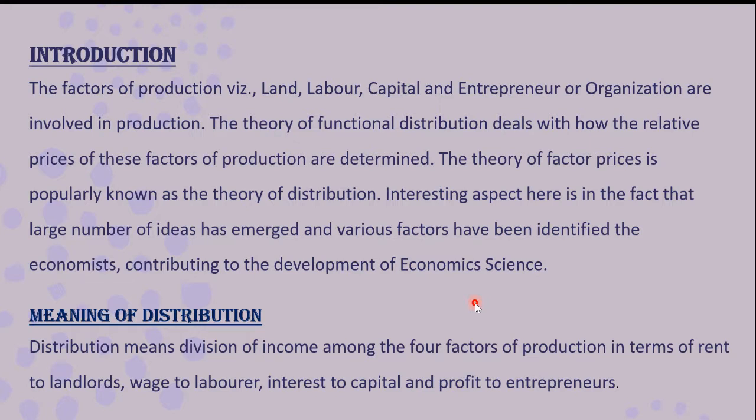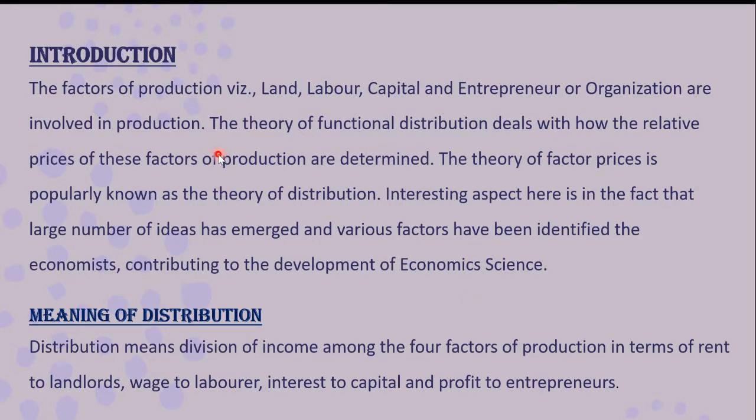So the factors of production are active in the production process. So, the wealth must be shared. The wealth which has been got through production must be shared among the agents or owners of the factors of production. This is what is called distribution.